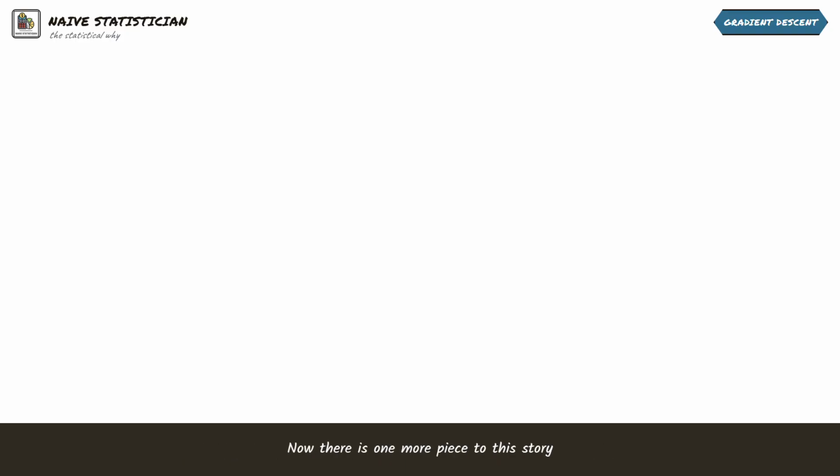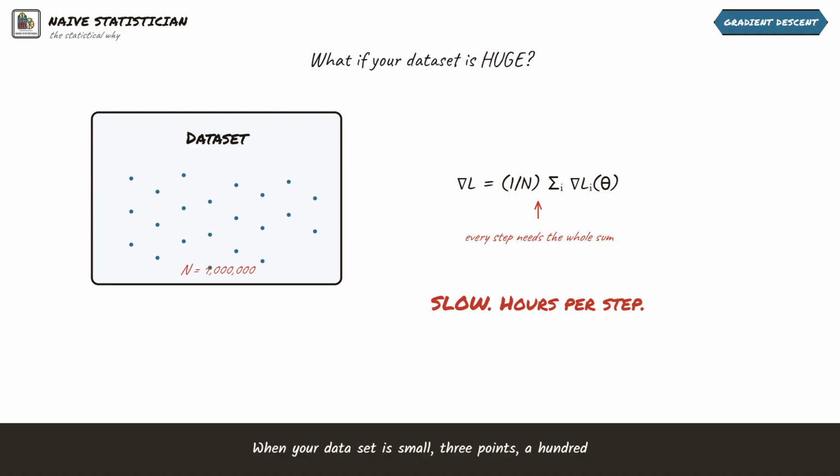Now, there is one more piece to this story, and it is the most statistical piece of all. When your data set is small, 3 points, 100 points, computing the gradient over all of them is trivial. Scale that up. A million training examples, a billion. Now computing the full gradient, that sum over all i, takes minutes or hours per single step.